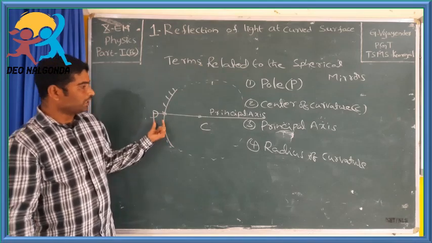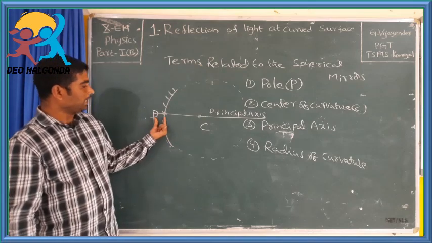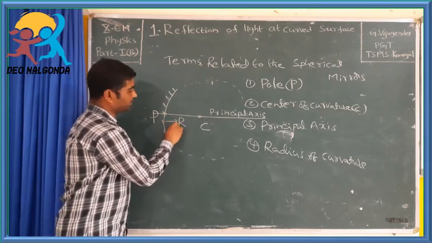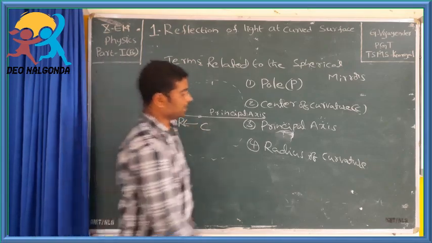The distance between the pole and the center of curvature is called the radius of curvature, denoted by the capital R.